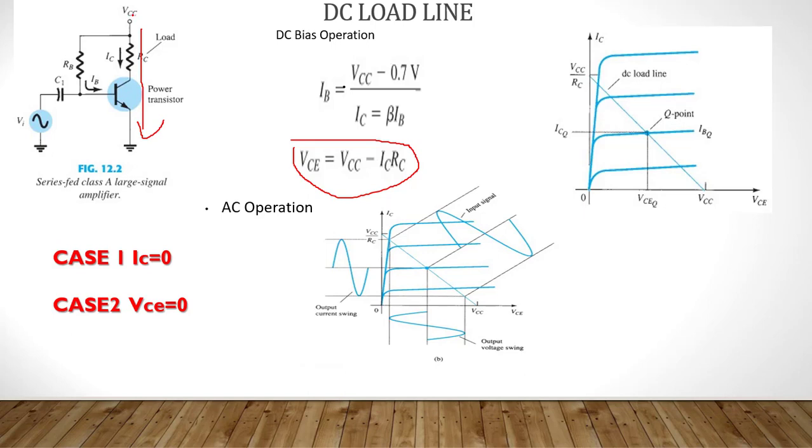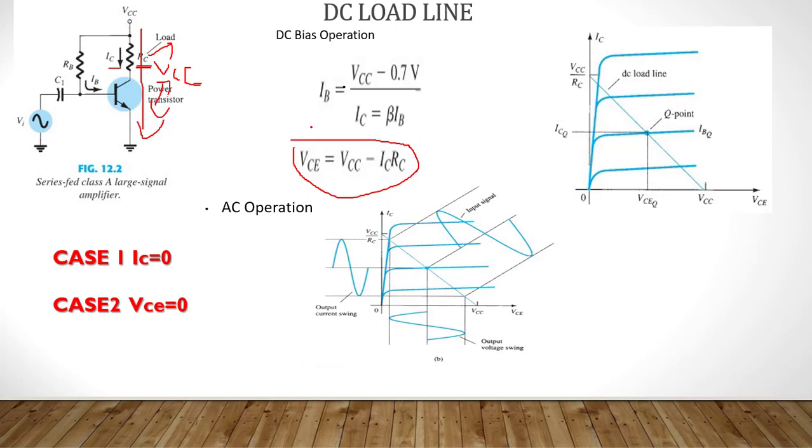What happens? VCC minus this portion is VCE. This portion is VCE, and here IC is there, here RC is there. So we have three portions: VCC minus ICRC minus VCE.